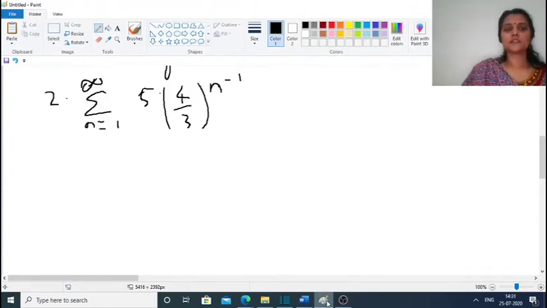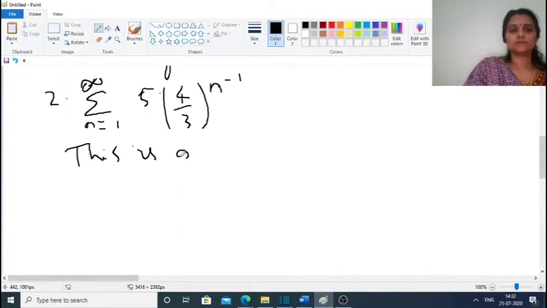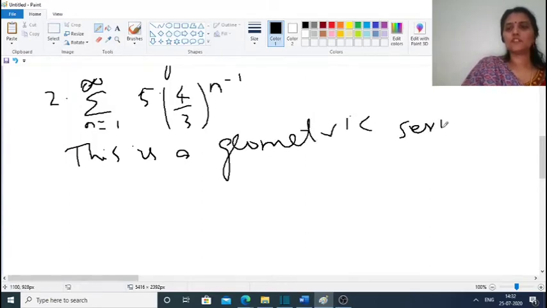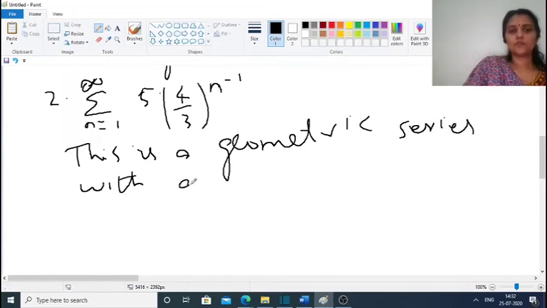Next series is sigma n equals 1 to infinity 5 into 4 by 3 raised to n minus 1. This is a geometric series with A equal to 5 and R equal to 4 by 3.